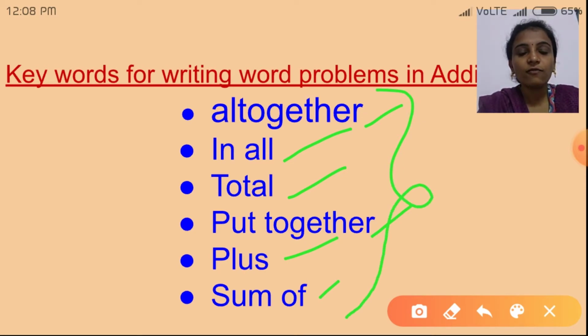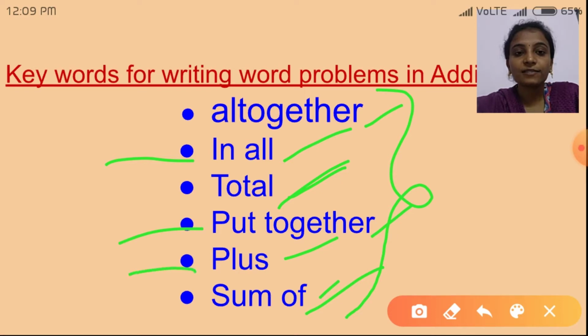For example, they will ask: find the total number of children, total number of roses, total number of flowers, or find the sum of the books, like that. And in all, put together, and plus.